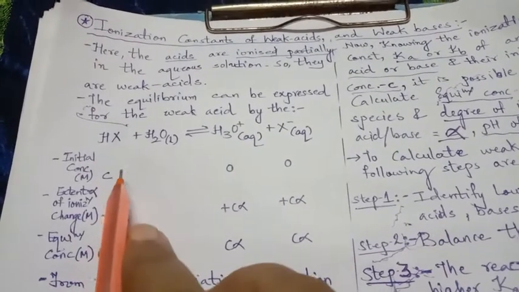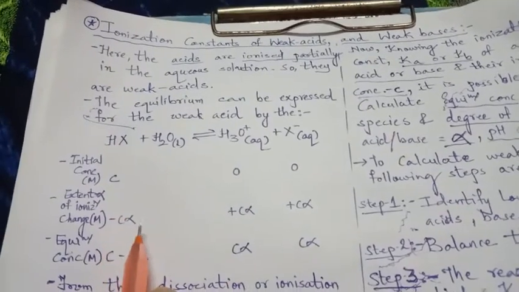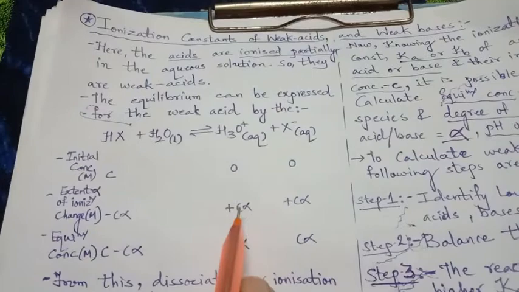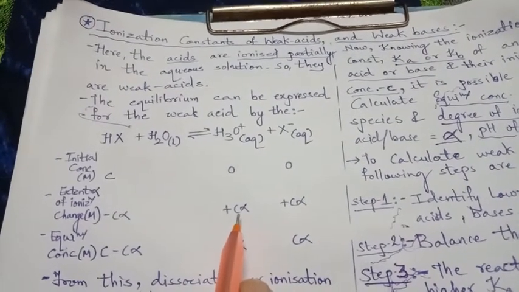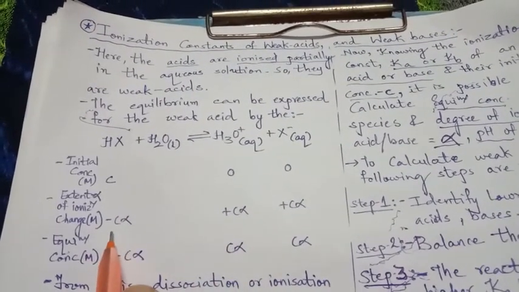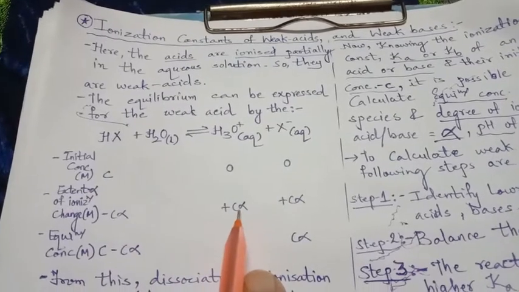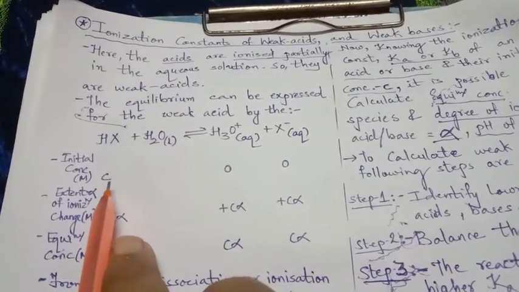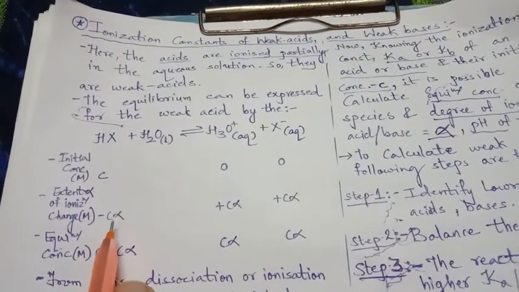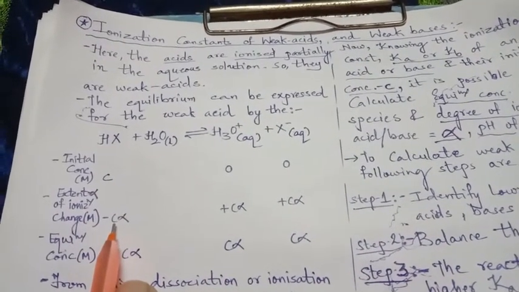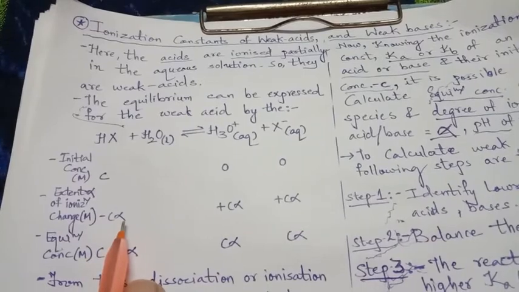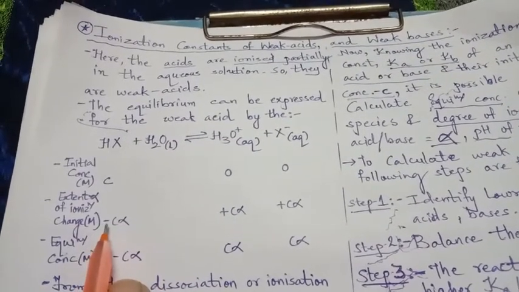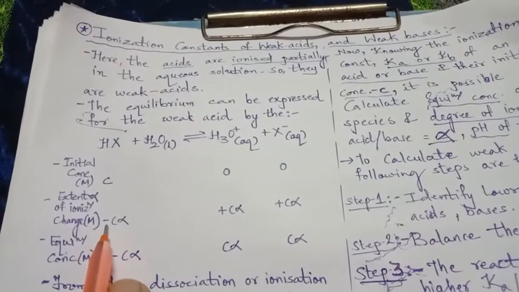Why? Because C alpha is consumed, and whatever is consumed is now getting formed as the product. So here it will be minus C alpha and here it will be plus C alpha. Suppose C is the concentration, say 5 moles, and 1 mole concentration is used up, so it will be subtracted, minus C alpha.